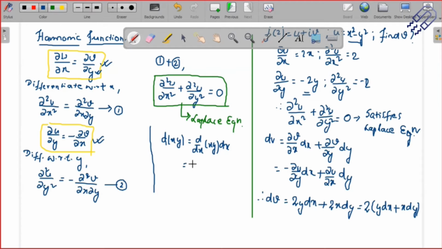And if you do it in general, dx gets cancelled, so this would be y dx. In a similar way, I can also write d/dy of xy times dy, and this will be nothing but d/dy of y, which is x dy.